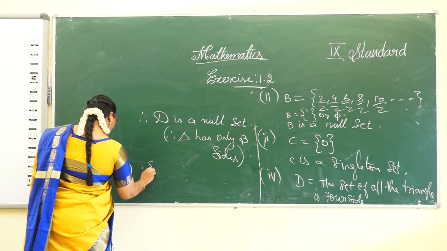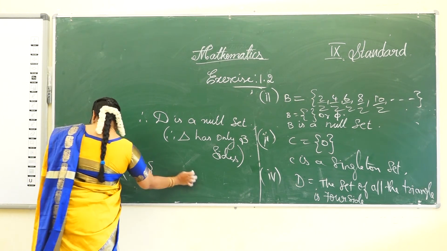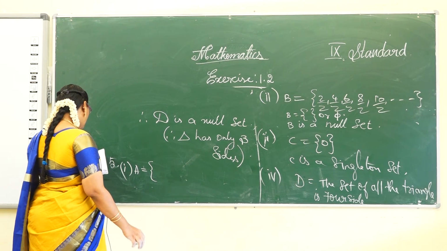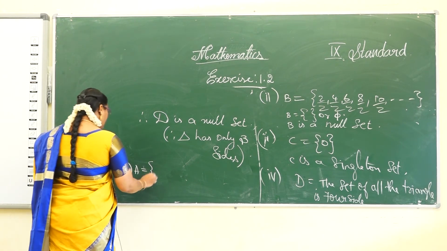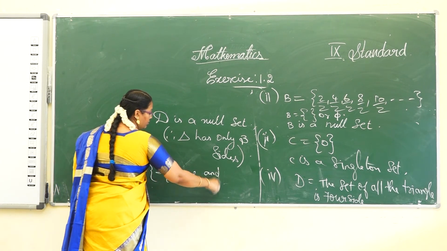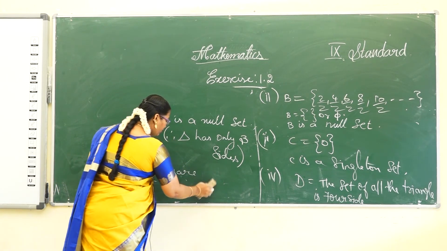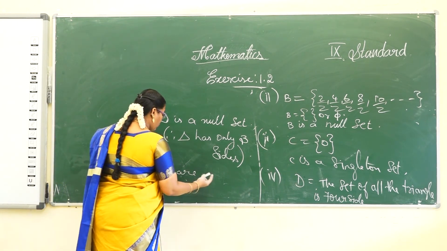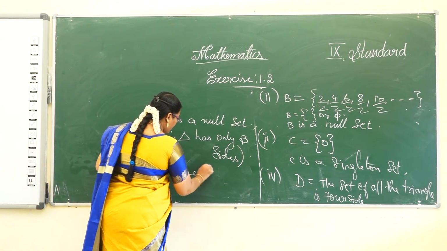So the first question answer is, let me consider set A. The set of shapes which have 4 equal sides: square and rhombus. No need to write in words; list the elements in roster form: square, rhombus.